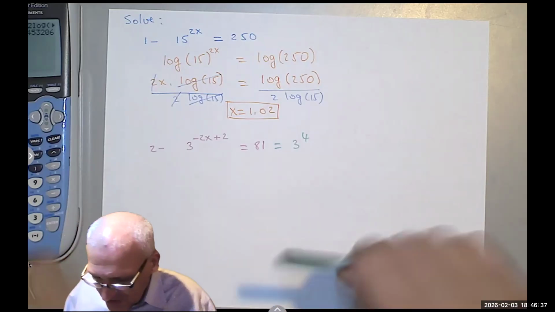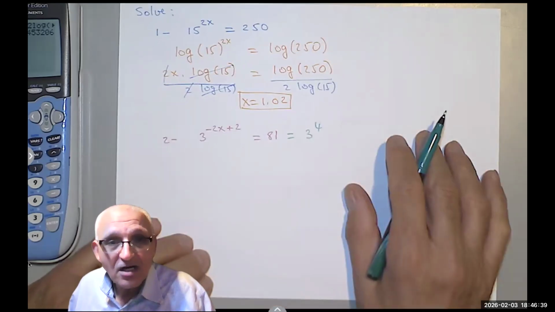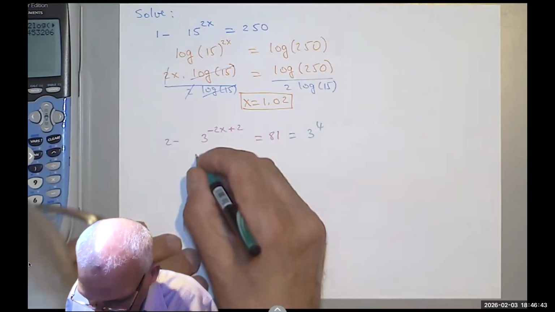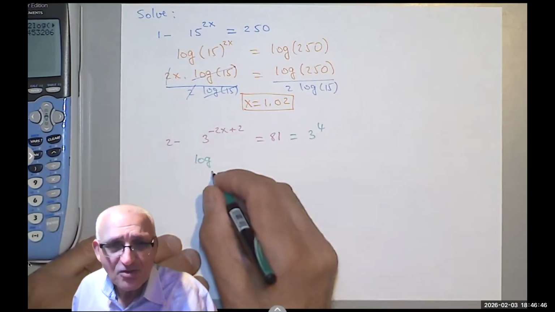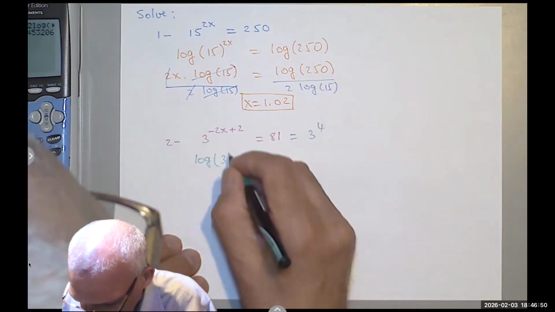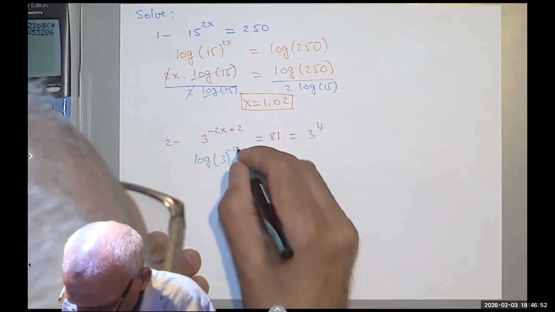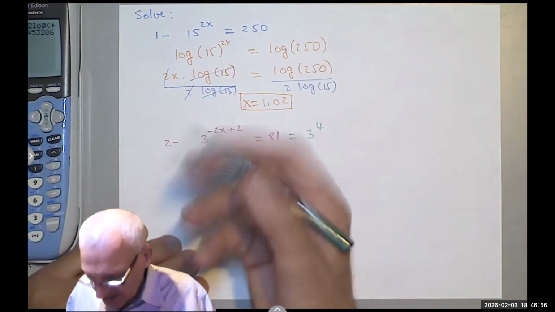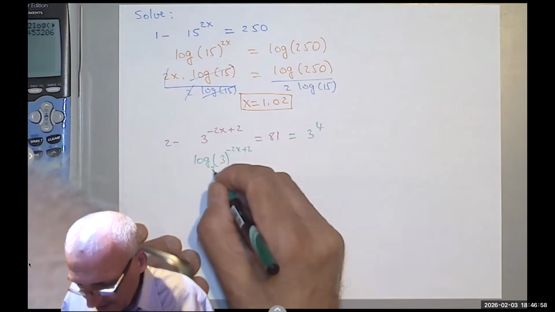So it's better to say, I'm going to take the log of both sides, okay? Log, and it doesn't have to be to the base 3. You can take log of 3 raised to the power of negative 2x plus 2. In fact, let's make it log to the base 3 because it's better, okay?